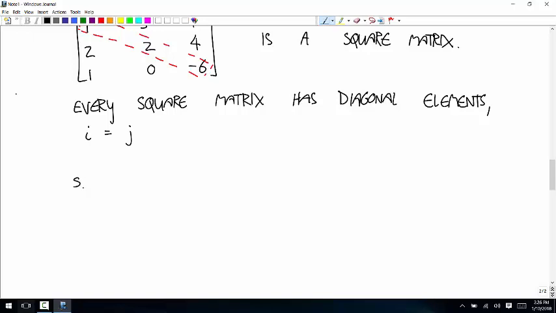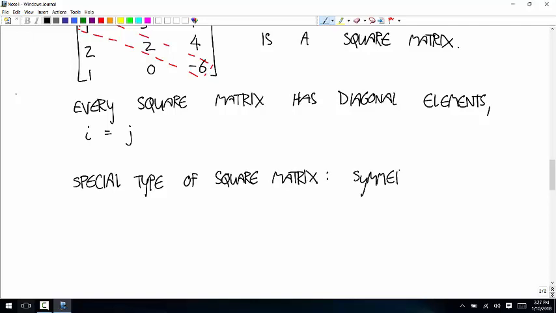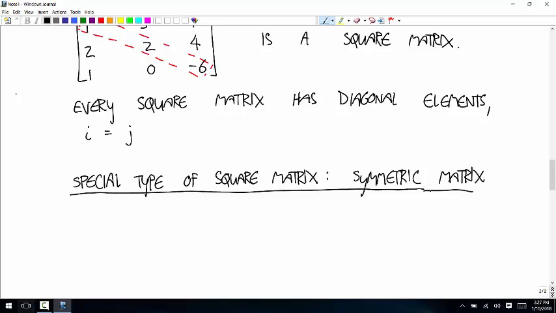We're also going to most often use a special type of square matrices that are called symmetric. That's the type that I pointed out when I gave that example, the stress tensor. So a symmetric matrix has to be square.